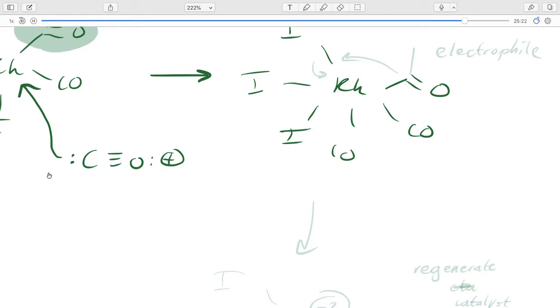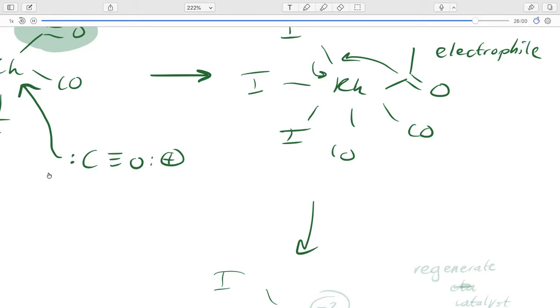Now the reason why this is significant is now we can bring this pair of electrons from the iodide down and again attack the carbonyl, which is again an excellent electrophile. So we come down here. The product we get is Rh, I, CO, and CO, and oh, look at that.